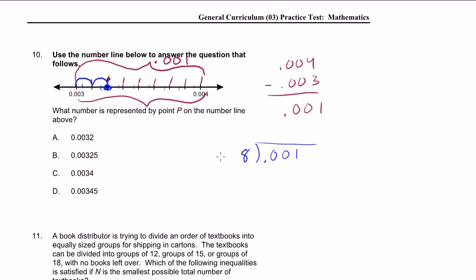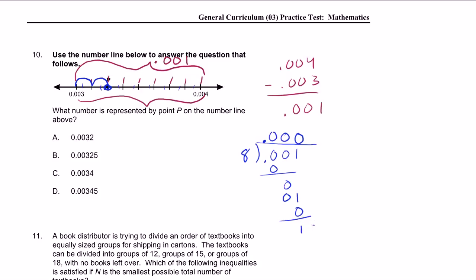And the best way we can do this, well, let's just put a decimal right there. 8 goes into 0, 0 times. Bring down a 0. 8 goes into 0, 0 times. Bring down a 0. Bring down a 1. 8 goes into 1 0 times. 0 times 8 is 0.